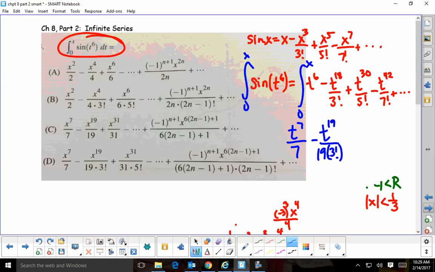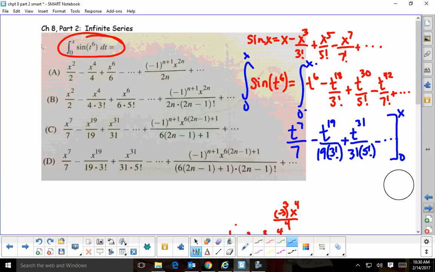So I said we're going to take the antiderivative evaluated at x minus the antiderivative evaluated at 0. The fundamental theorem of calculus. And again, we're going to evaluate that from 0 to x.